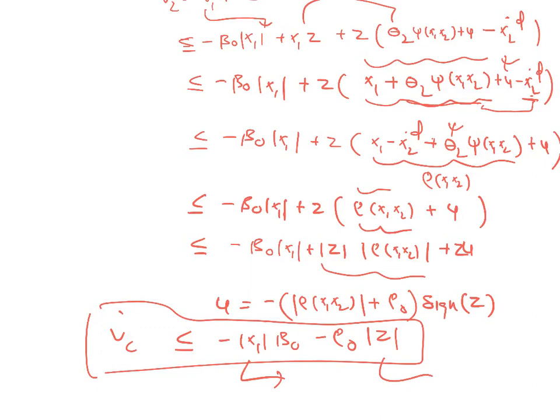Okay, but you see, if you go ahead and start plugging in things, you will see that x2 dot desired is a function of something.